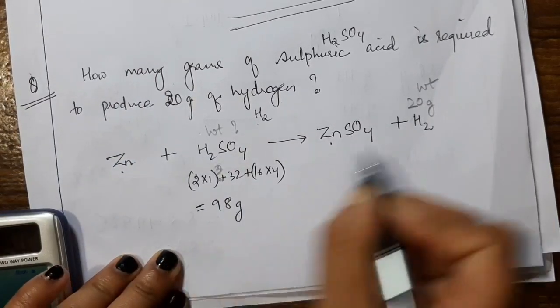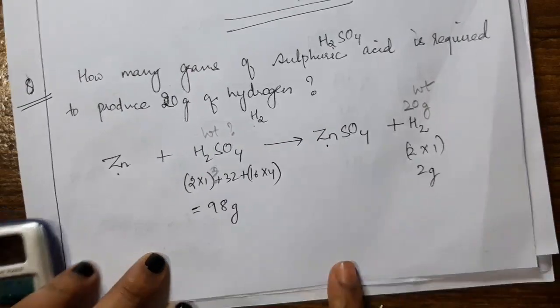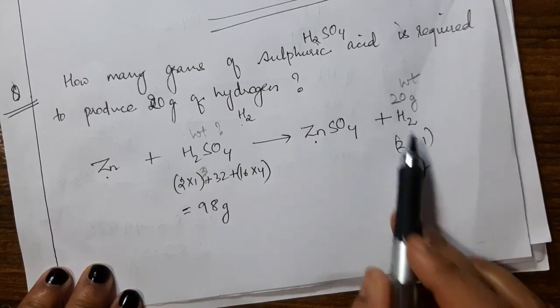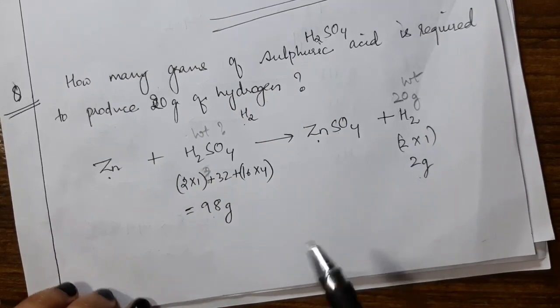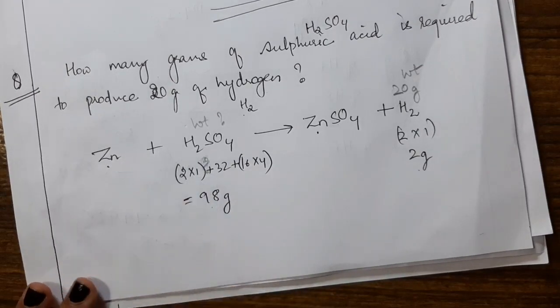So 98 grams. From here, hydrogen is 2 into 1, 2 grams. From the equation we got 98 is giving you 2 grams of H2. Let's use this information to find out the weight of H2SO4.